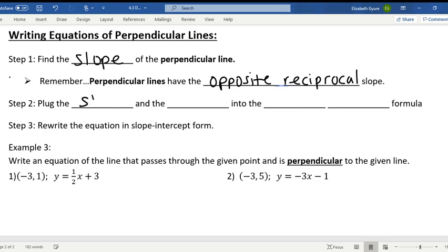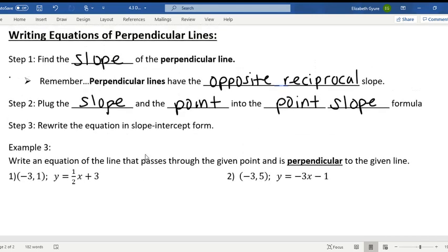Then you are going to plug the slope and the point, one of the points I give you, into the point slope formula. And then you're going to simplify and get it back into slope intercept. So that's the exact same thing we did yesterday, except now instead of using the same slope, we need to use the opposite reciprocal slope.